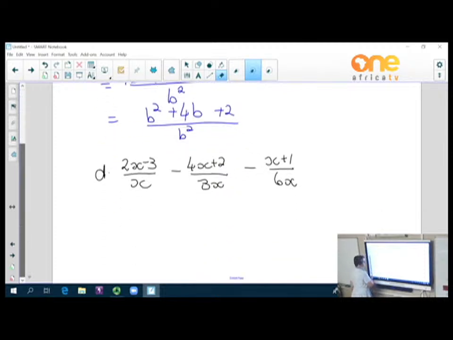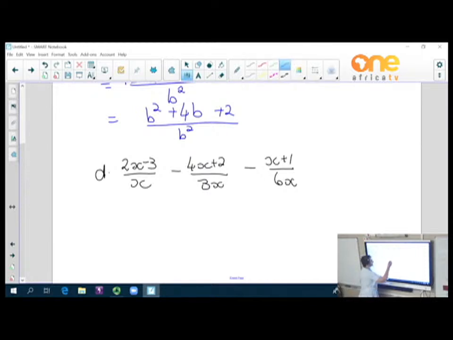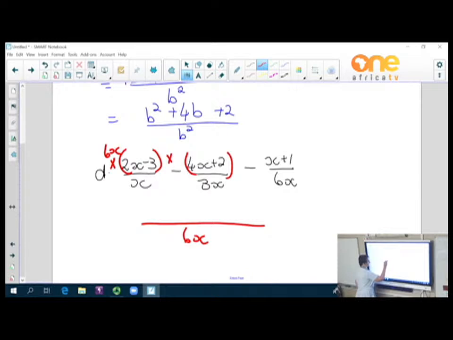Right, number D. Adding fractions means I need the LCM. So the LCM here is 6x. So I times with 6x, there's my brackets, times 6x, my brackets times 6x, and cancel.